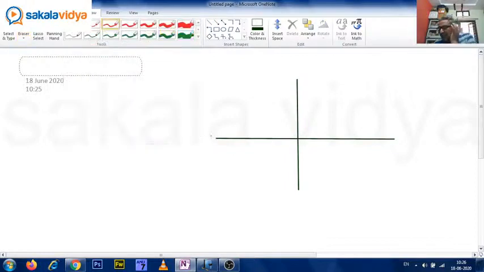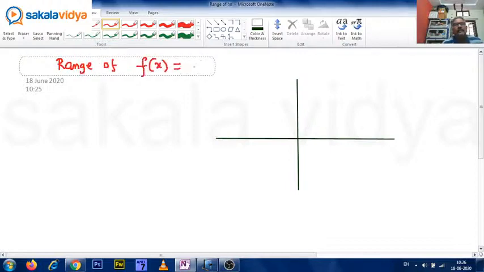Okay. So now if you want to find out the range of f of x equals mod x function. Range of f of x equals mod x. Here see, let us prepare the table.